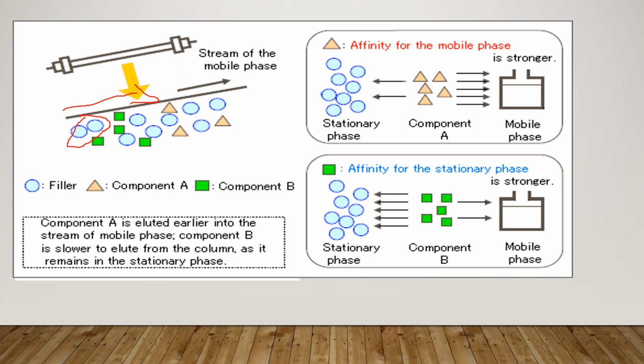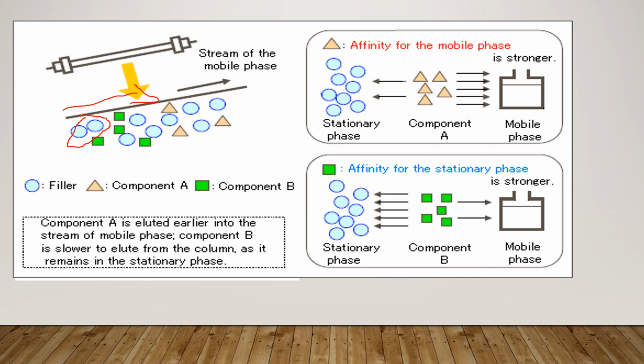Now component A is eluted earlier into the stream of mobile phase as compared to component B. Component B, you can see, is interacting with the silica in the column. So what we can conclude here is that the triangle, component A, has more affinity towards the mobile phase as compared to the stationary phase, that is your silica gel.